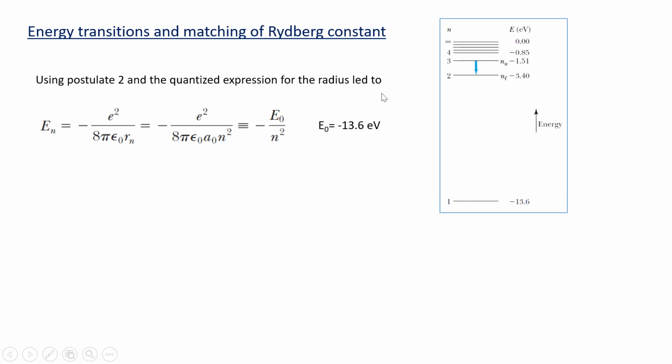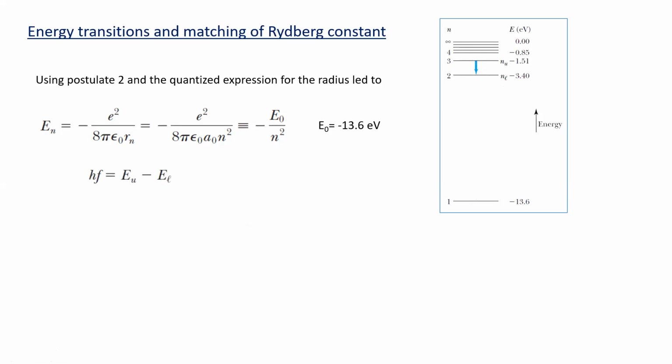For n equal 2, we divide by 4, so we get minus 13.6 over 4, which gives us minus 3.4, and so on. They're all negative because negative energies indicate bound states, and the electron is bound to the proton in the hydrogen atom.